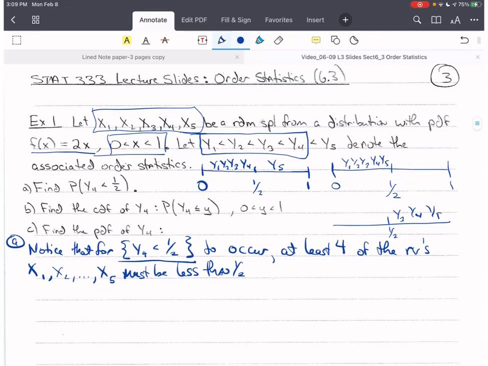So our solution starts here. Let the event xi less than 1/2 be called a success.